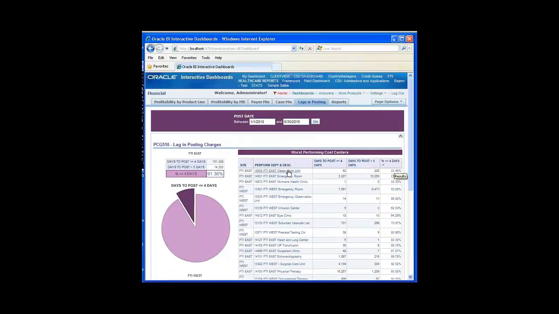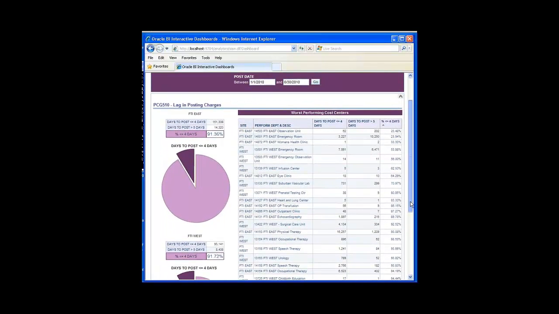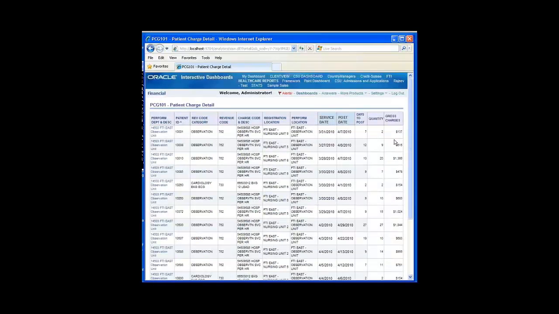So I can see my emergency department, my OBS unit, they tend to have a low percentage in terms of posted within 4 days, and that's due to some regards the need to abstract those cases. But I can see continuing down which particular departments have an issue in terms of posting their charges in a timely basis. And so that's sort of the intent of this.